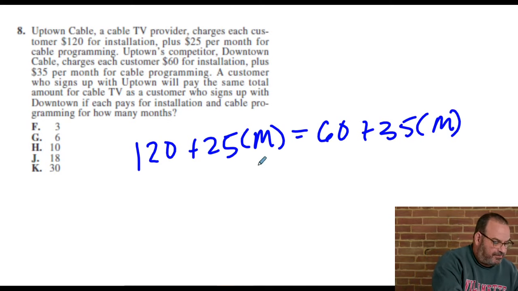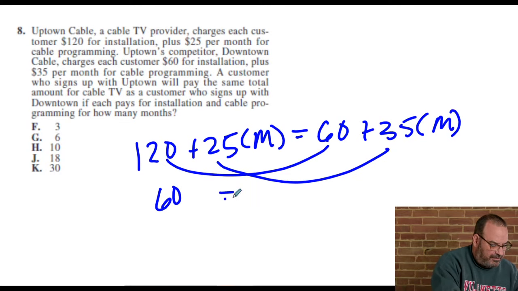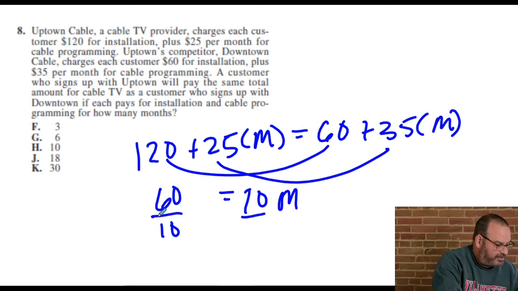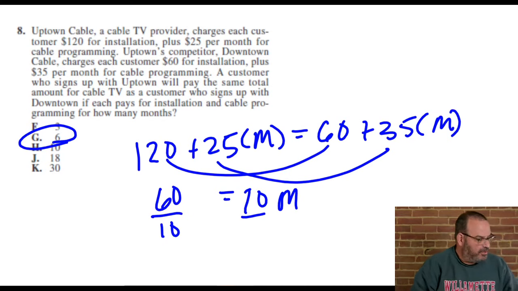Let's subtract off 60, and let's subtract off 25, and we get 10, and the answer is 60 over 10, or 6. So we could practice this one algebraically, or we could plug in 6. Let's plug in 6 and do 120 plus 25 times 6 equals 60 plus 35 times 6. So back solving using the answer choices and algebra both go both ways.